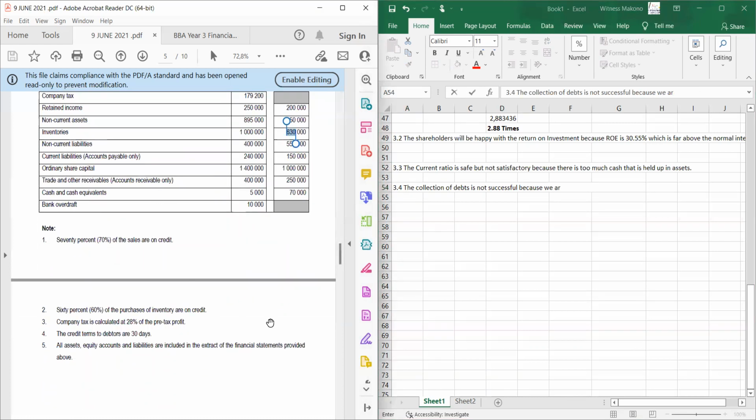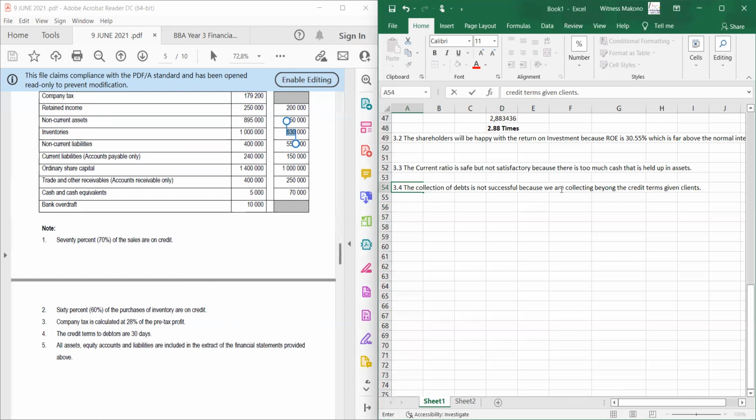We are beyond the credit terms given to clients, which means we collect after the 30 days and not within the 30 days.